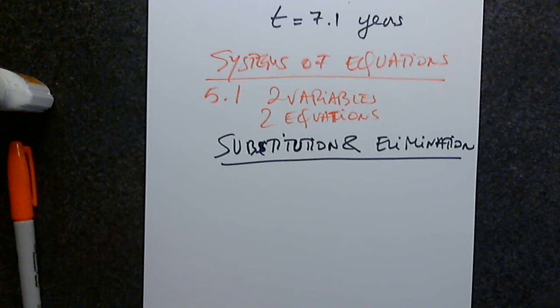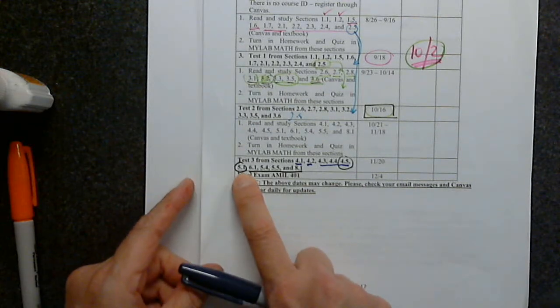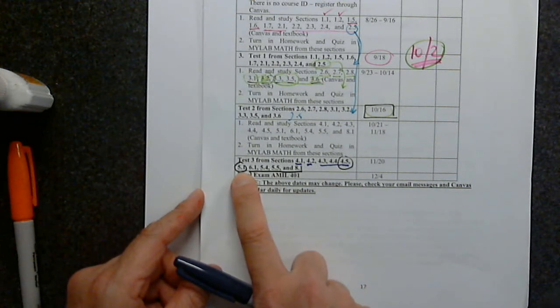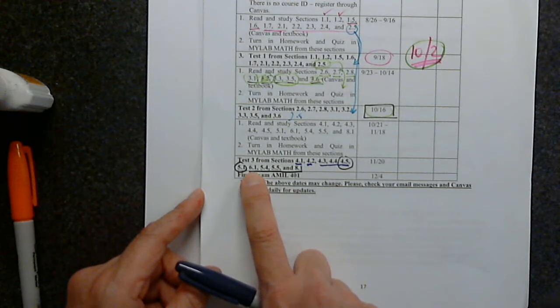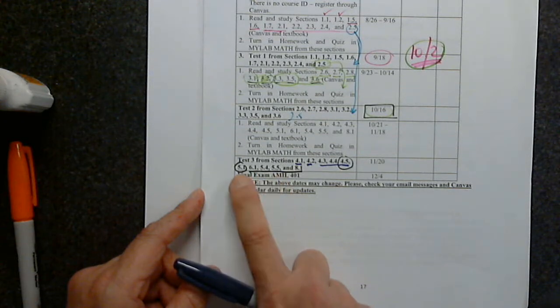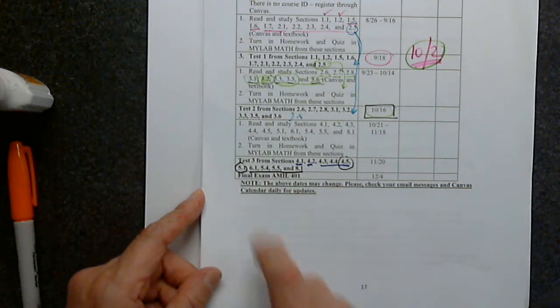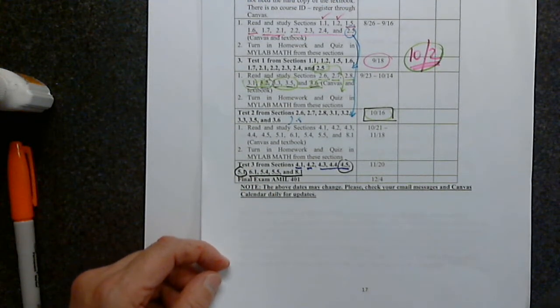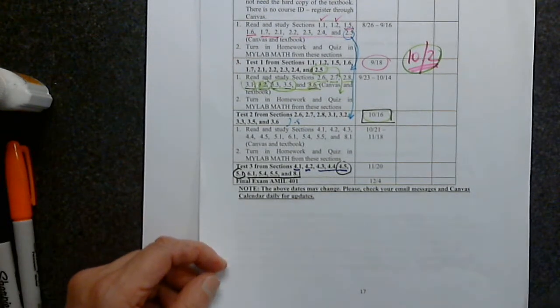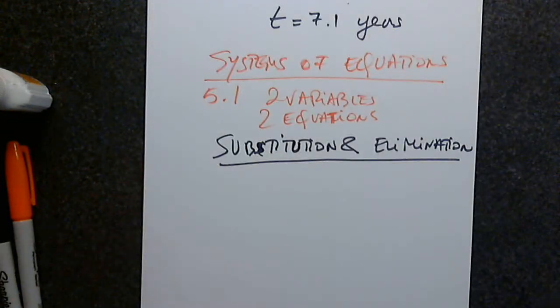Let's look at an example. So again, I just want you to know where we are. We're going to attempt to do whatever we can from 5.1. 6.1, I would probably leave at the end after 5.4 and 5.5, because 5.1, 5.4, and 5.5 are very similar. 6.1 is not. It looks different. It's still the same, but it looks different. So we'll see what we can accomplish from 5.1 first.